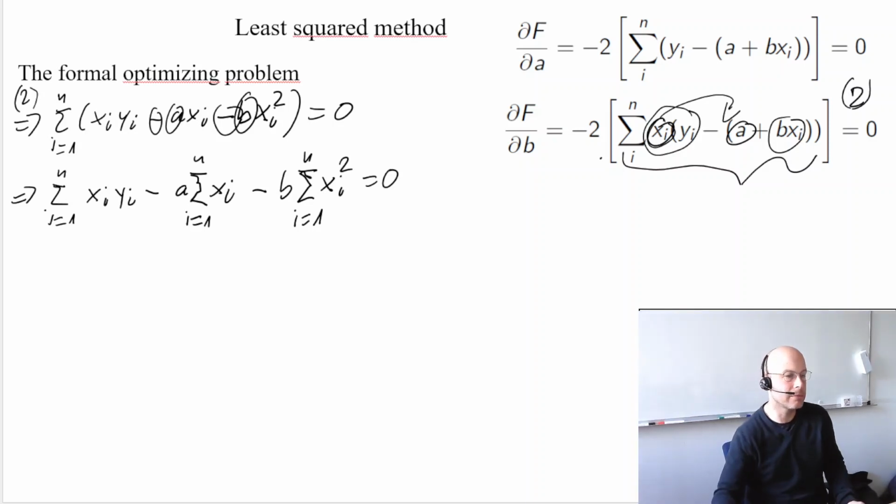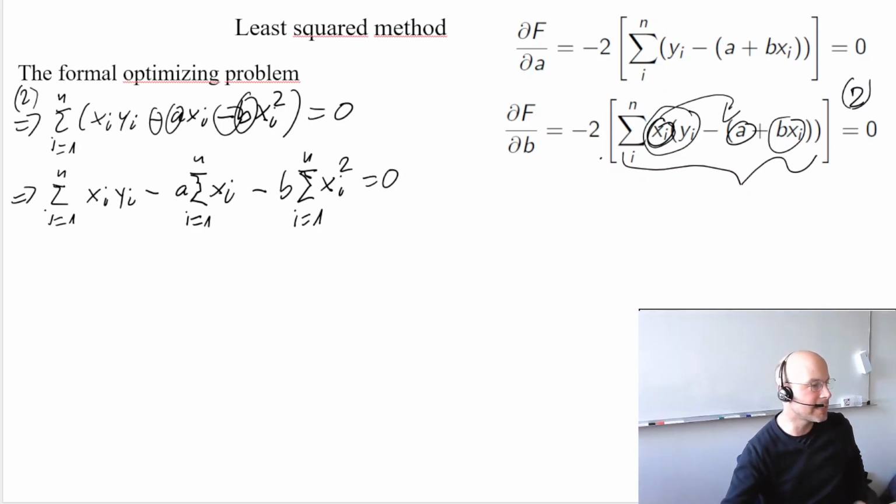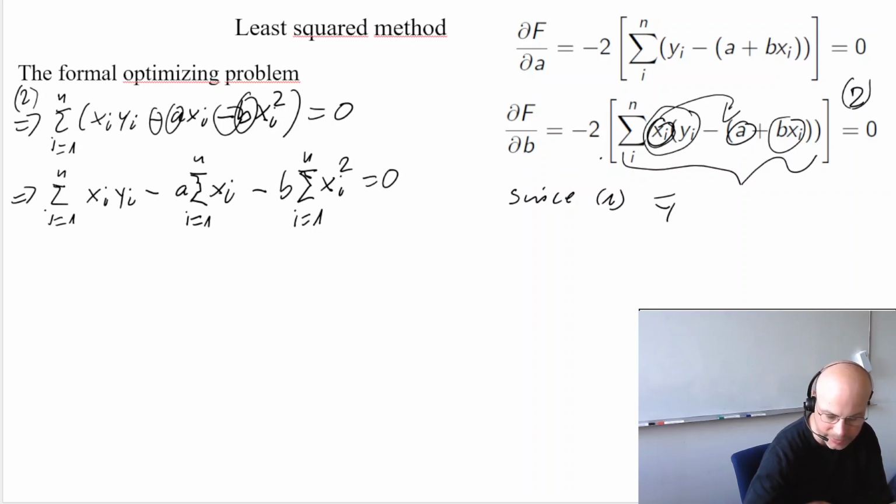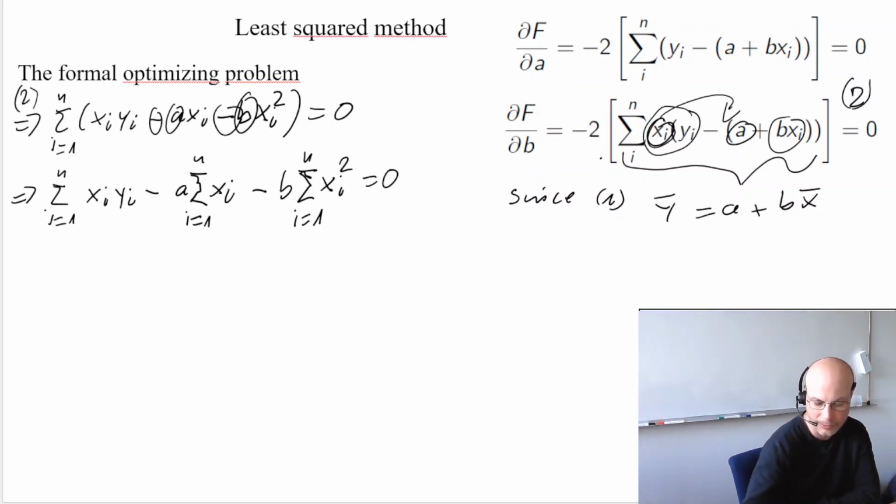So, and now we are almost done, since from the first condition we have obtained y bar equals a plus b x bar. So this is known and this is known. This we can just calculate from our sample set.